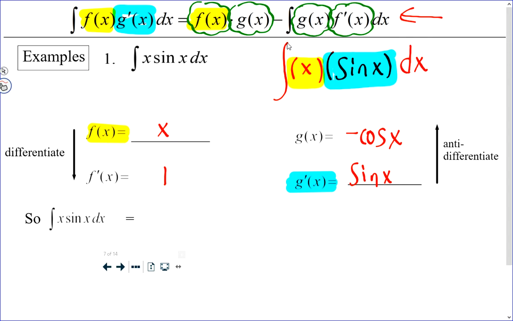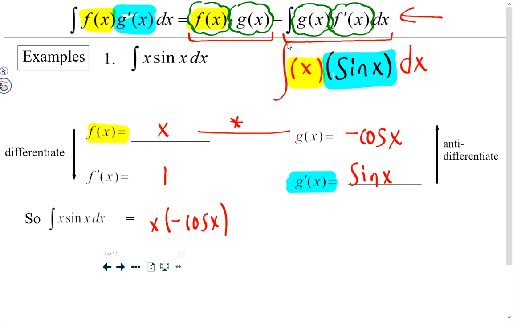So now what does this formula say? This formula says that our original integral will be equal to the product of f of x and g of x. Well, that's the product of these two things. So it will always be the product of those two things, which will be x multiplied by negative cosine of x, and then it says minus the integral of g of x times f prime of x.